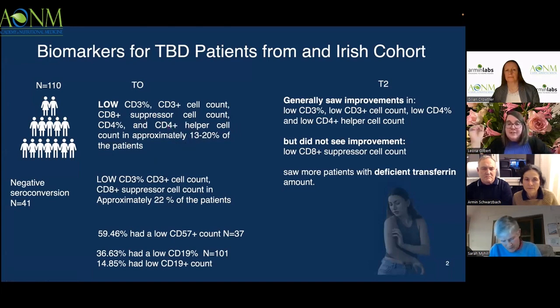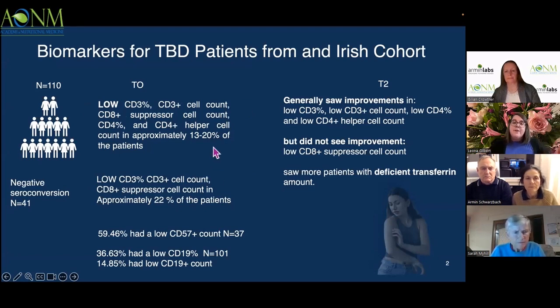But what was interesting was that the negative seroconversion subgroup, okay, they didn't have serology to any of the tick-borne infection microbes, but they still had really low CD3 percentages and CD3 plus cell counts. They also had CD8 plus suppressor cell counts at approximately the same level as those seropositive patients.